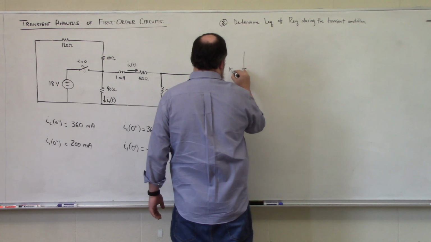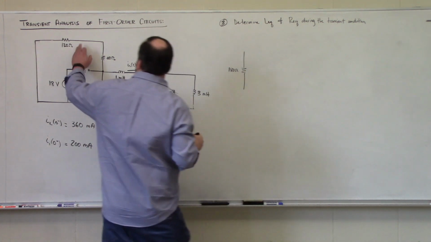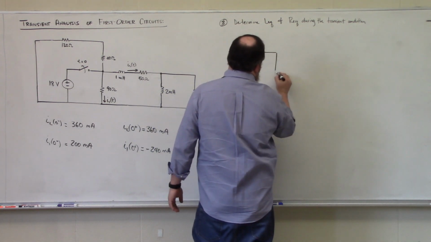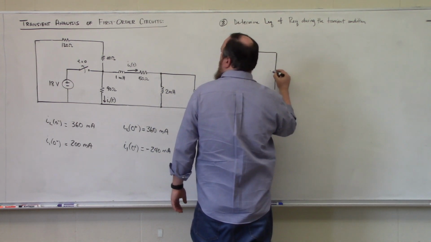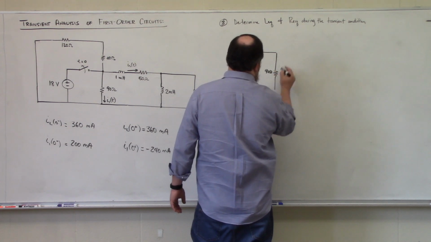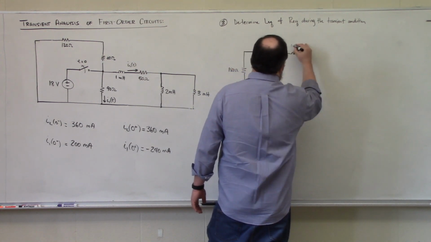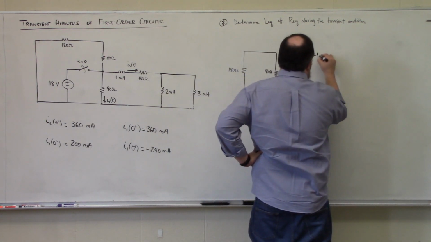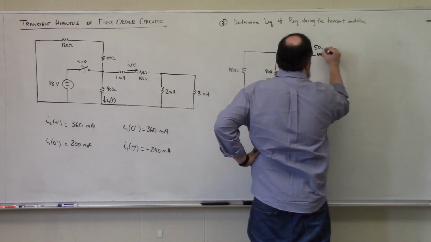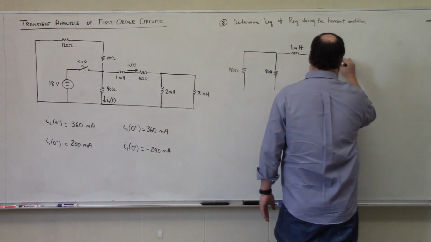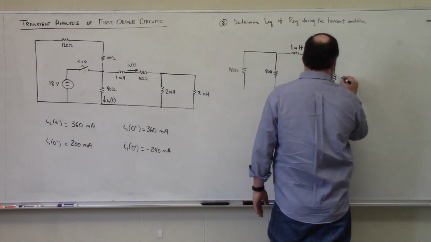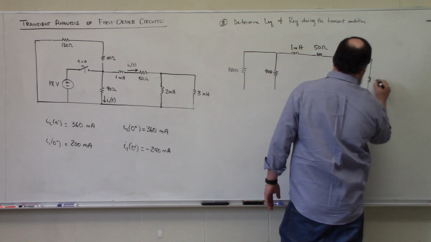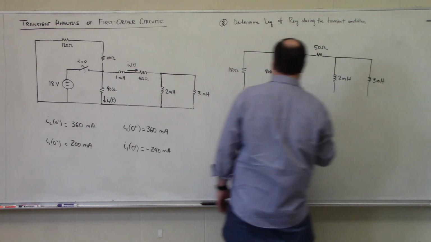We have a 180 ohm resistor, which is just this 60 and this 120 combined, in parallel with a 90 ohm resistor, we have our 1 millihenry inductor, and we have our 50 ohm resistor, our 2 millihenry inductor, and our 3 millihenry inductor.